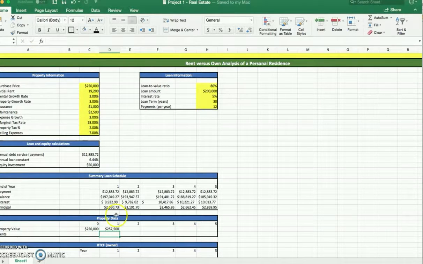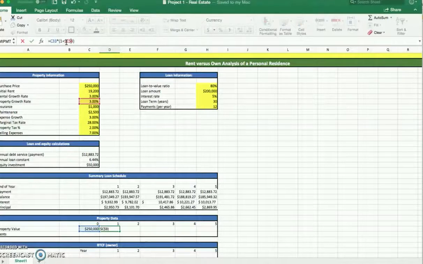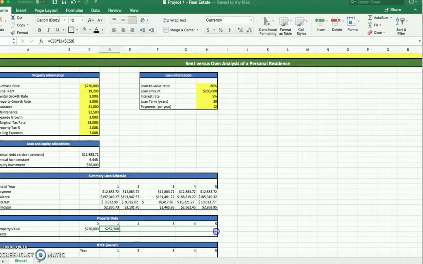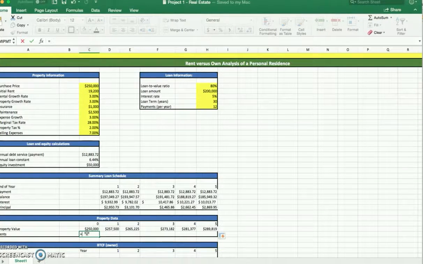If you lock in this property growth rate value, you'll be able to drag it across. And then you basically do the same thing with the rental. This is the initial rent for the year.